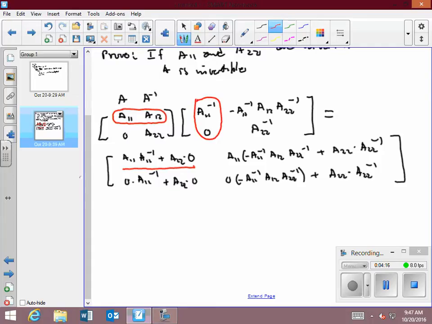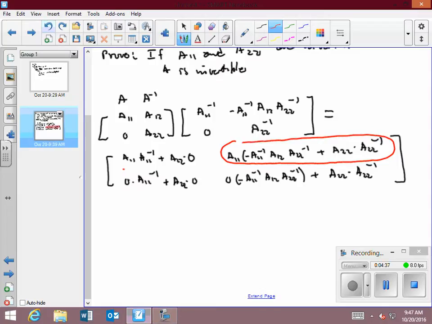I don't want to get rid of those because it'll be too cluttered. When I'm doing this one right here, I'm multiplying this times this.